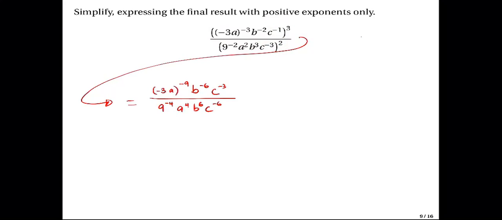Okay? And then we have this. We can distribute this. We will have negative 3 raised to negative 9, a raised to negative 9, b raised to negative 6, c raised to negative 3, divided by this 9 here.